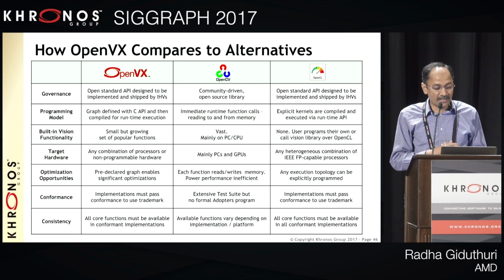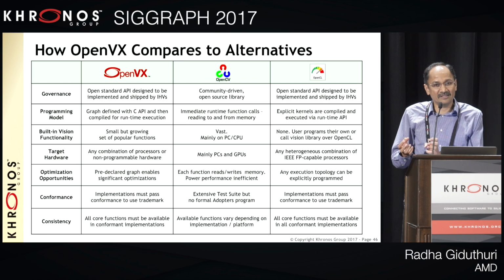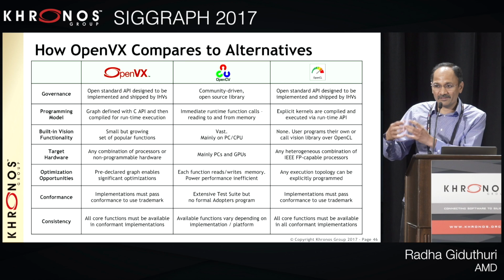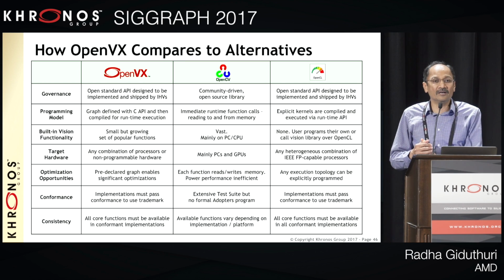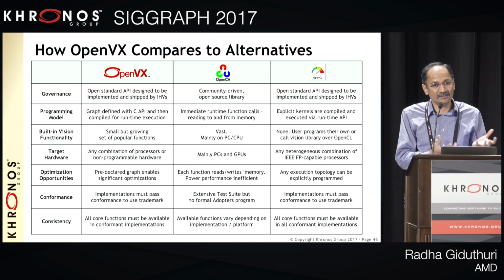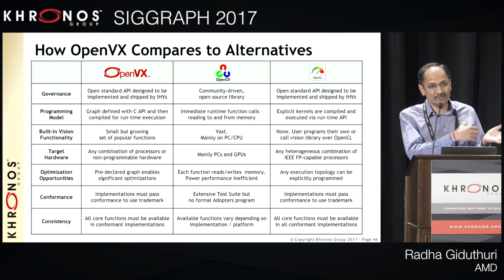Another disadvantage is conformance. If you take an implementation of OpenCV on, let's say, a DSP, somebody took the same code base and customized it to their DSP, they might have to make certain functional compromises. And when I write an application, will it run on all the DSPs and all the CPUs and GPUs?